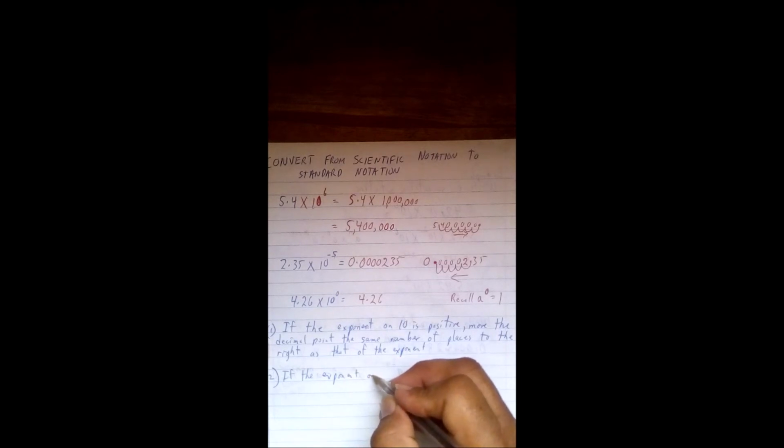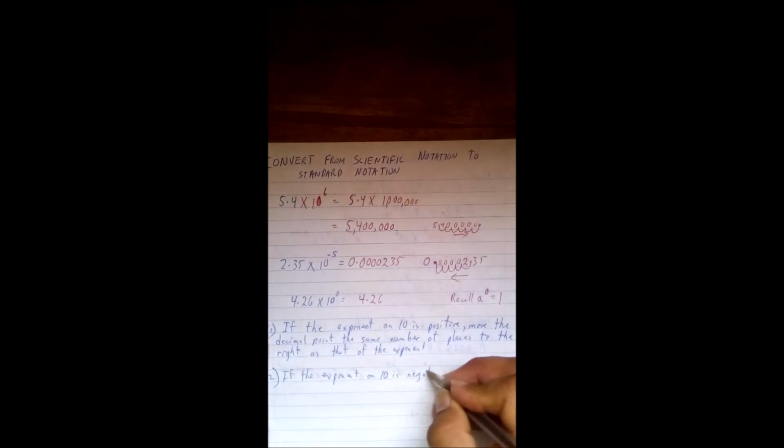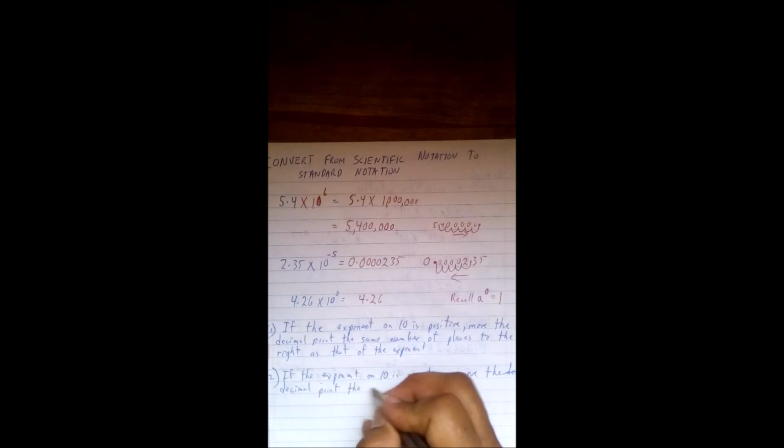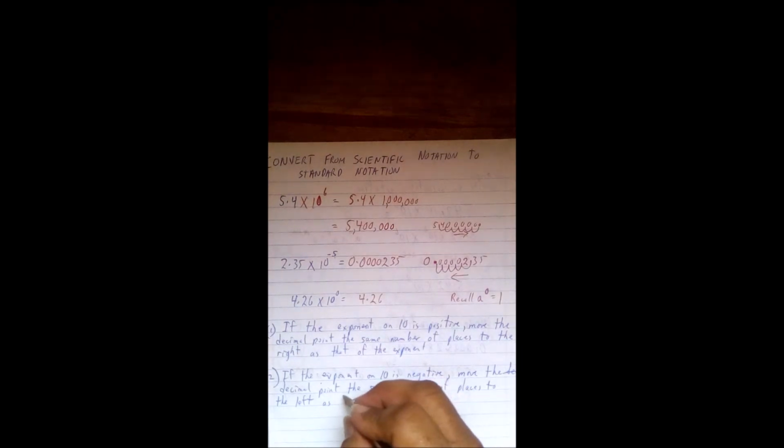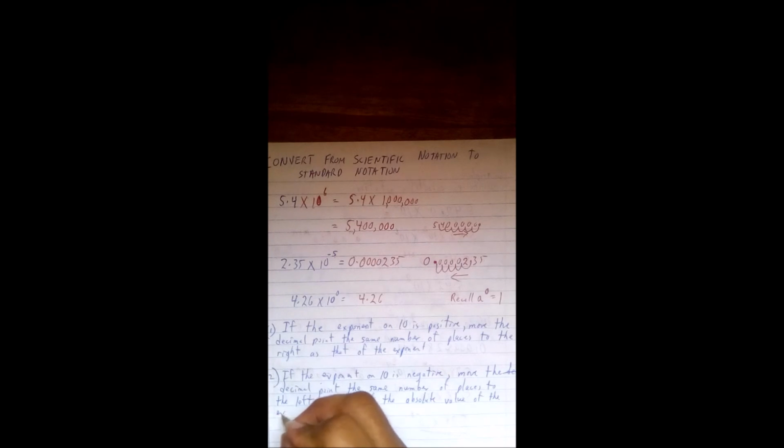Pointer number 2: if the exponent on 10 is negative, move the decimal point the same number of places to the left as that of the absolute value of the exponent.